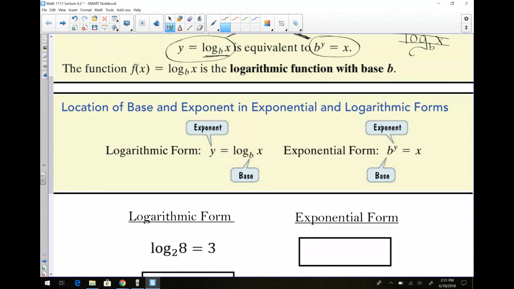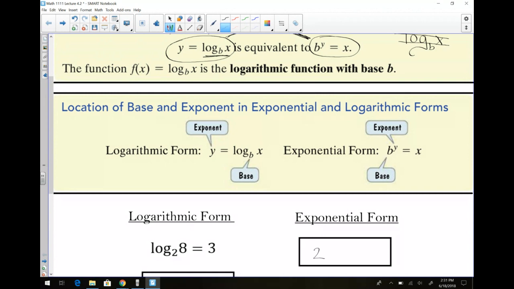So when you look at this, log base 2 of 8 equals 3, we immediately put the base down in the exponential form because that's the biggest part of it. Remember that our base is exactly the same in the log function as it is in the exponential function. So we write down 2. That's our base.